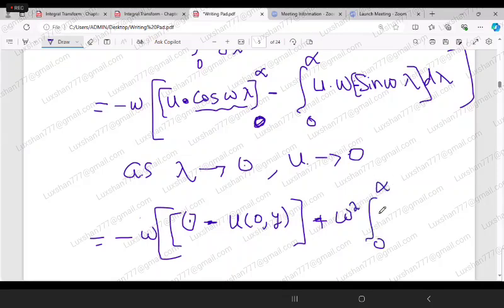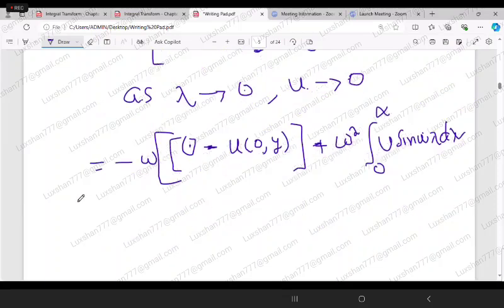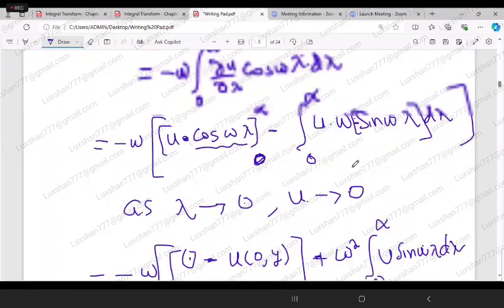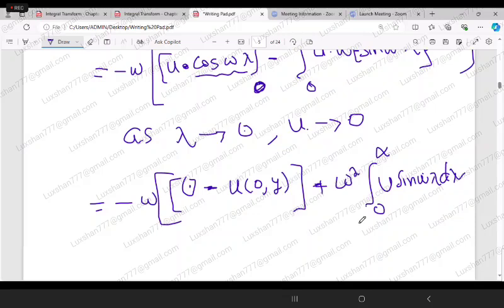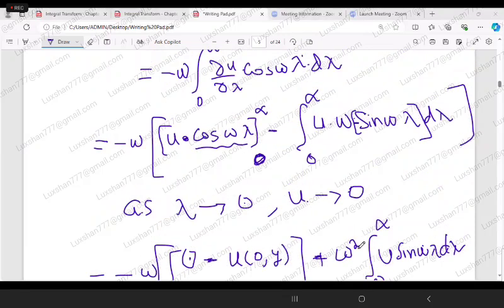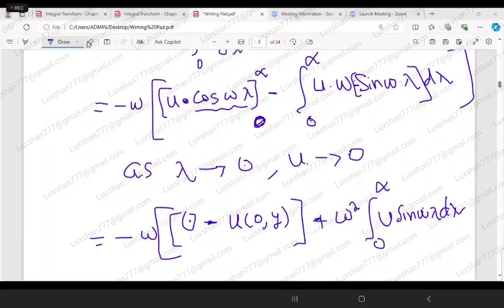So this becomes plus omega squared, integral 0 to infinity of u into sine(ωλ). Now when you multiply, minus into minus is plus omega u(0, y). I'm sorry, this one is omega, not omega squared.